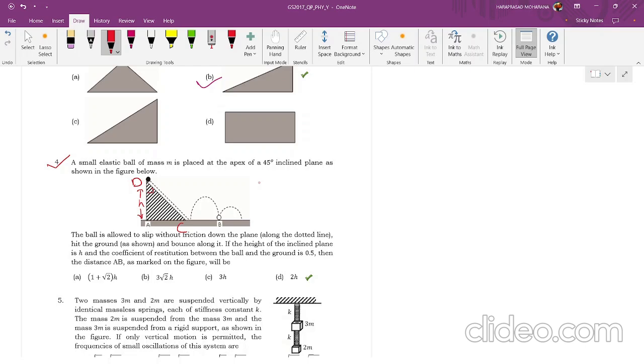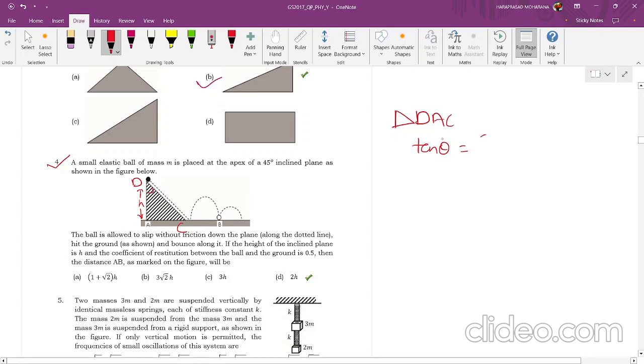In this particular triangle, the triangle DAC, you can see it is a right angle triangle. Sorry, I beg your pardon. Yes, the right angle triangle DAC. We have tan theta as x by h. Suppose this length is x; this side is h and theta is this angle.